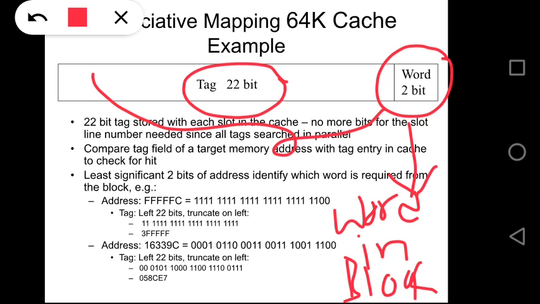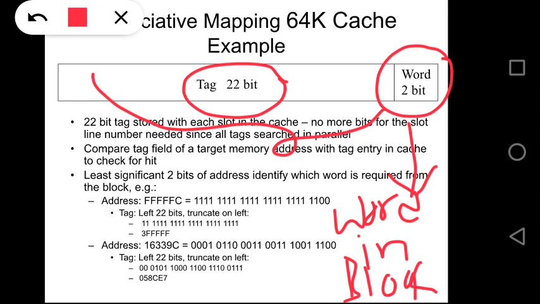These are used to identify the block in cache. So here a 22-bit tag is stored with each slot in the cache. No more bits for the slot line number are needed since all tags are searched in parallel. So a 22-bit tag is stored with each slot in the cache.